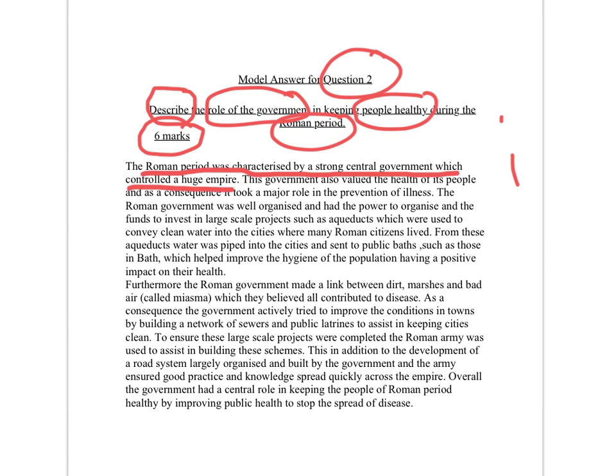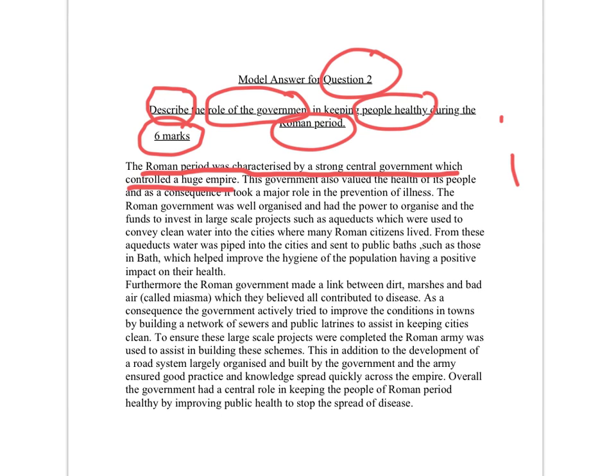Now here I've used the keyword of strong central government, and I've started to implement some information there of huge empire, because the Roman Empire was one that covered most of Europe and the parts of North Africa. So in order to maintain this, the Romans needed a strong central government, which was mainly based in Rome, and then infiltrated out into each of the countries within its empire.